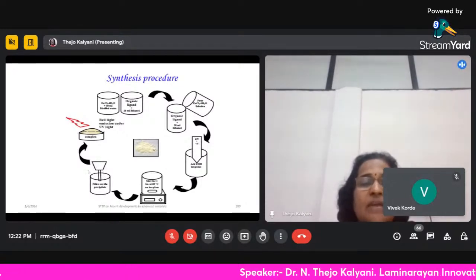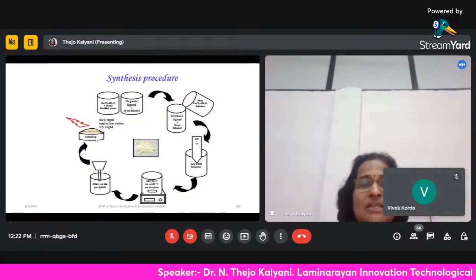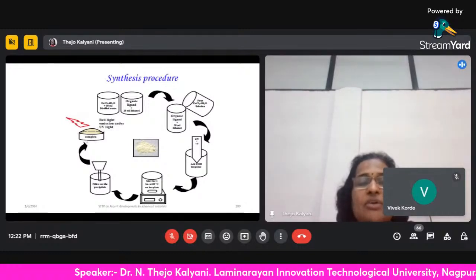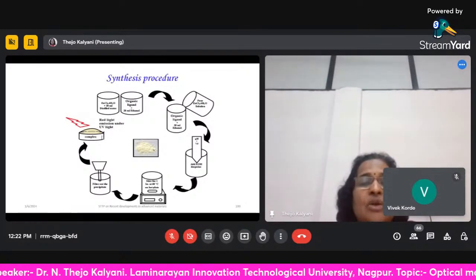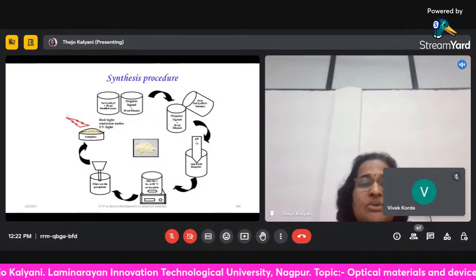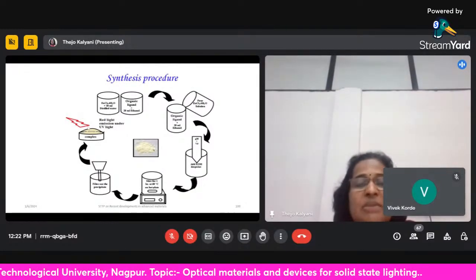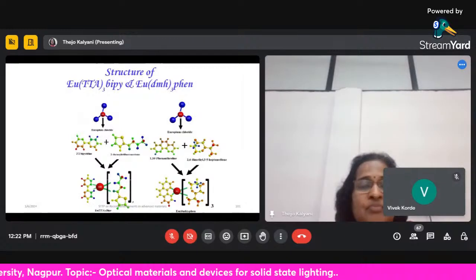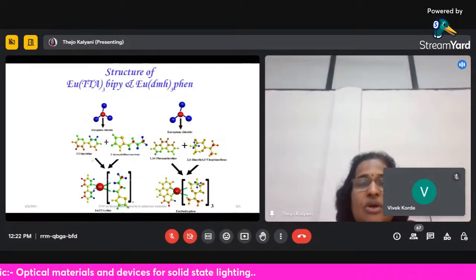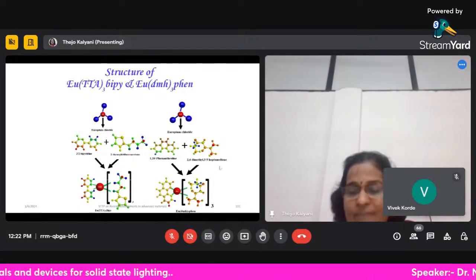This will be filtered, and we are going to get a complex like this. It's nothing but the phosphor, and when we expose this complex to ultraviolet light, because we have used europium, it emits red light. Similarly, the other complex is also prepared. These are the structures of the complexes which we have prepared.